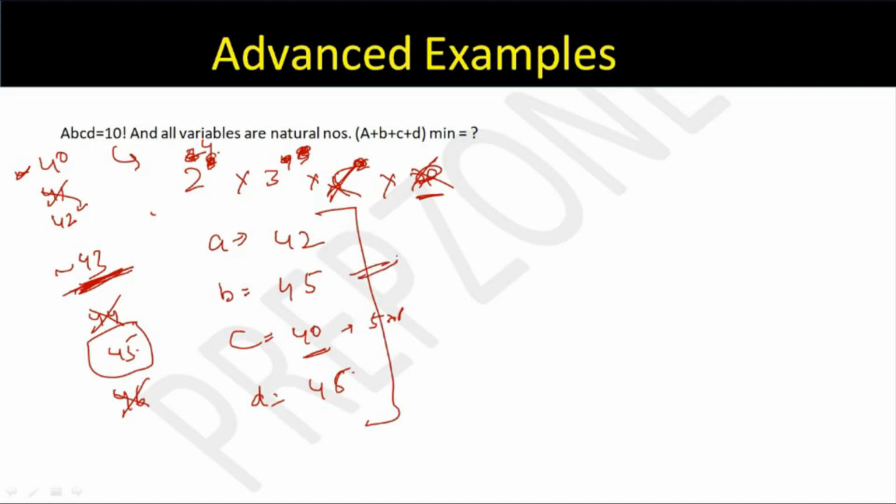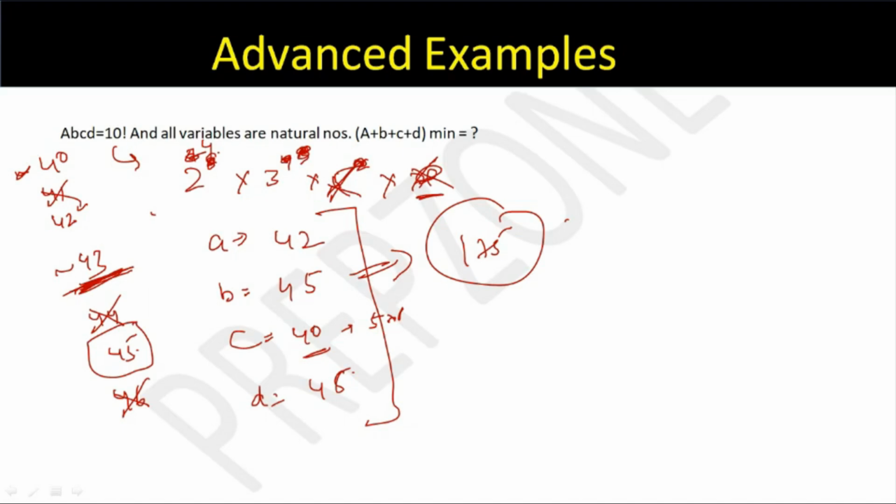So your minimum sum will be what? Just sum all of it. 175. Clear? No rocket science. The method is simple. Numbers have to be as close as possible, and then it's all number crunching. The only catch in the earlier approach, Granth, was that it wasn't foolproof.